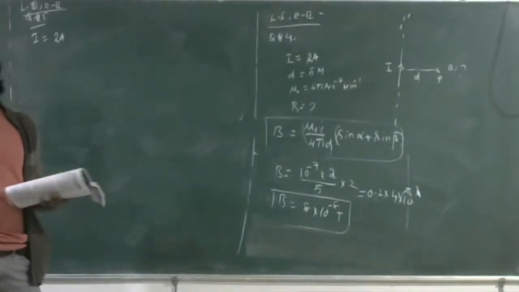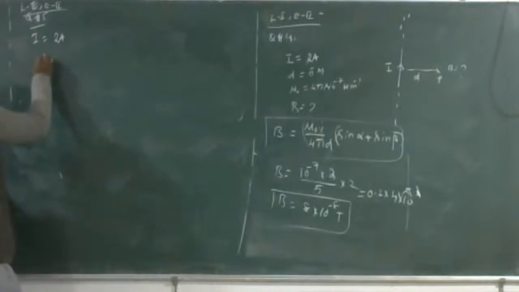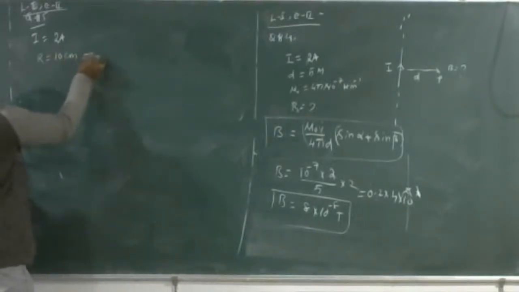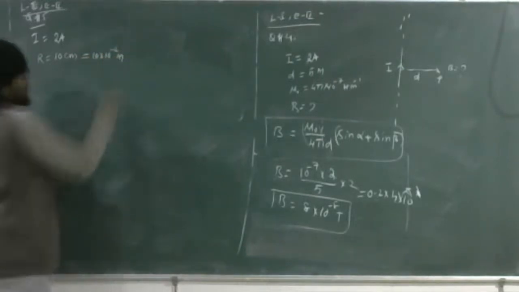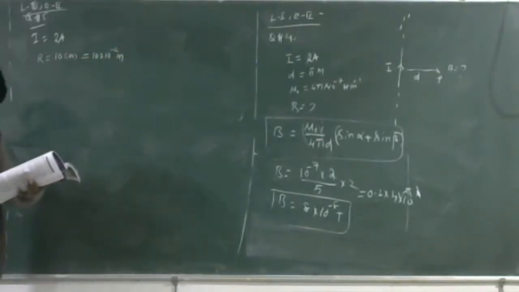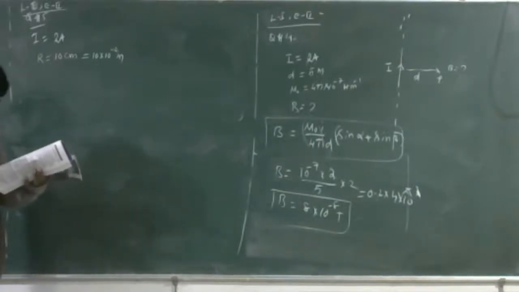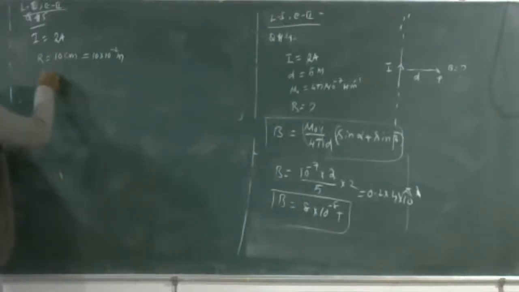The circular coil of radius how much? 10 centimeter. Immediately convert into meters. 10 into 10 to the power minus 2 meters. And it is containing 100 turns. Number of turns N is equal to 100.